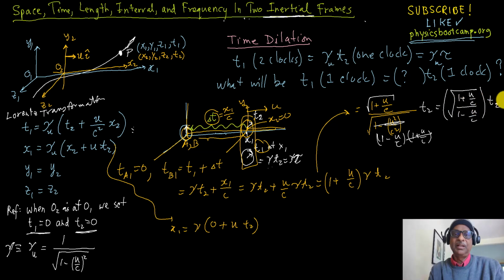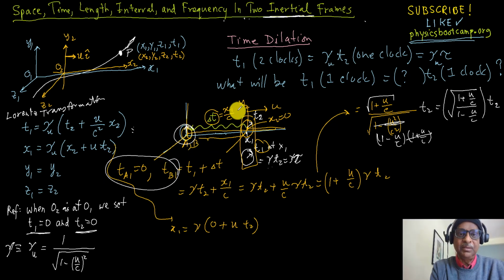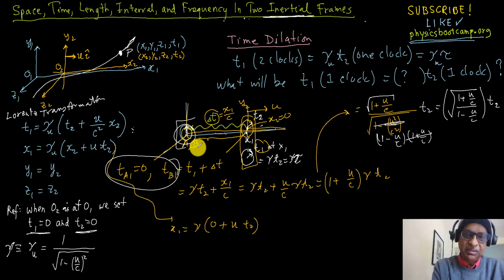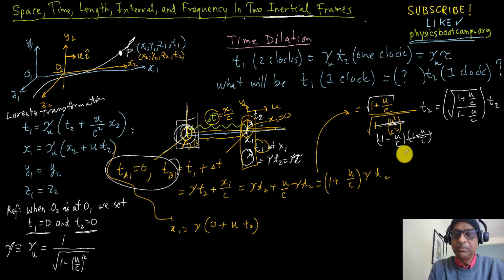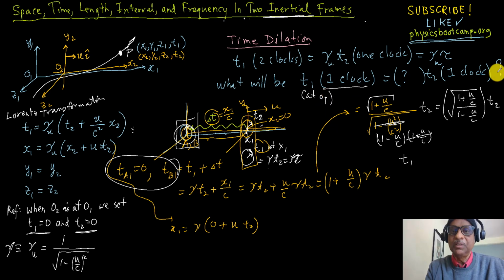Again, when I compare, so the t for this, when the object is here, so I'm going to compare with this clock itself. Okay, so now this t, let's call it t1 1 clock. This is the clock at origin O1.